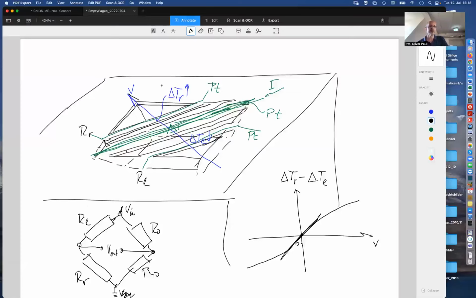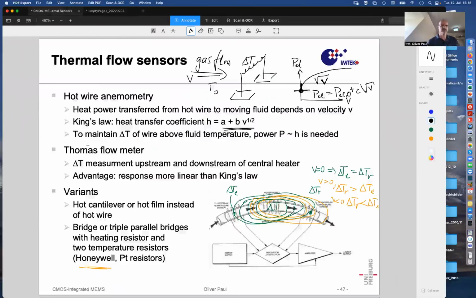And if those resistors change resistance value because their temperature changes, then of course there's going to be an offset here, and that's proportional to that temperature difference, because resistors vary linearly with temperature at small temperature changes. So this is basically how Honeywell's sensor works, and Bosch has similar designs.